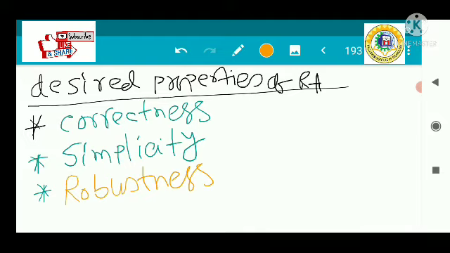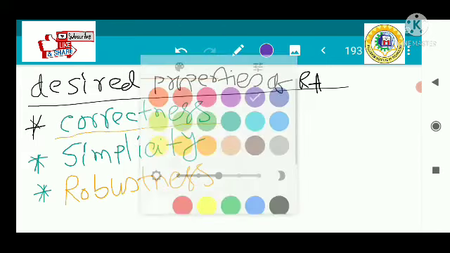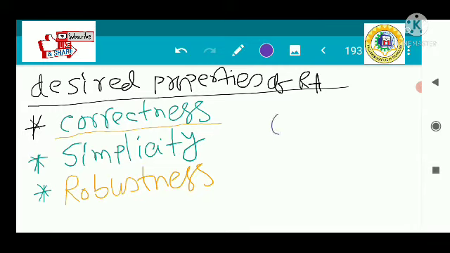Now, what is correctness? Correctness, as the name implies, means that whenever we are sending data between two nodes connected with different routers, the data must be routed correctly. All of the network devices, including the switch, hub, bridge and router, must send the data correctly.